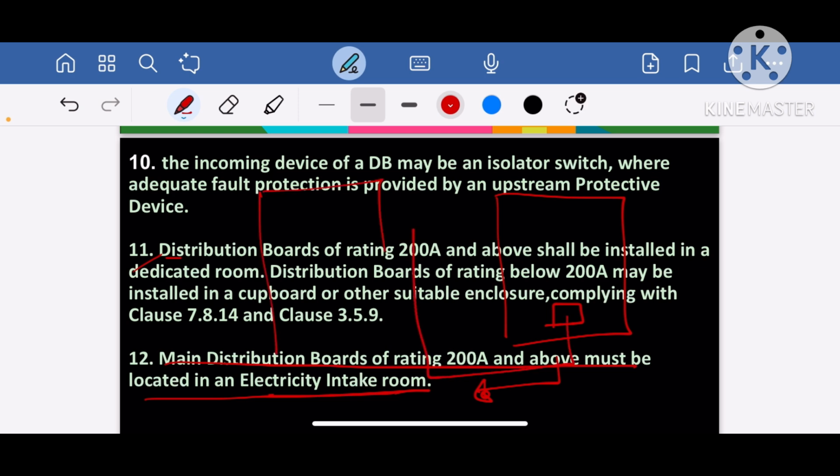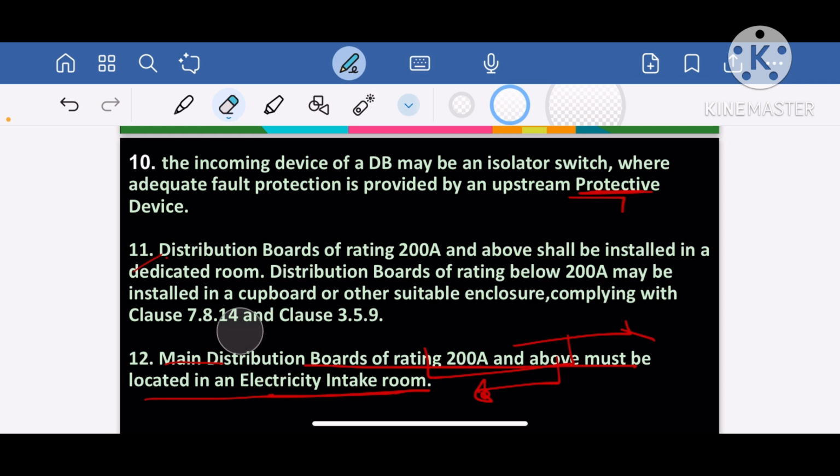Suppose it is fed from the SMDB by one of the breakers. So this is the downstream breaker and this is the upstream breaker. So here we fix an isolator, but the upstream device for that isolator must be a breaker only. So the protection is not provided here, but it will be provided by the upstream protection using a breaker. Hope you are clear now.